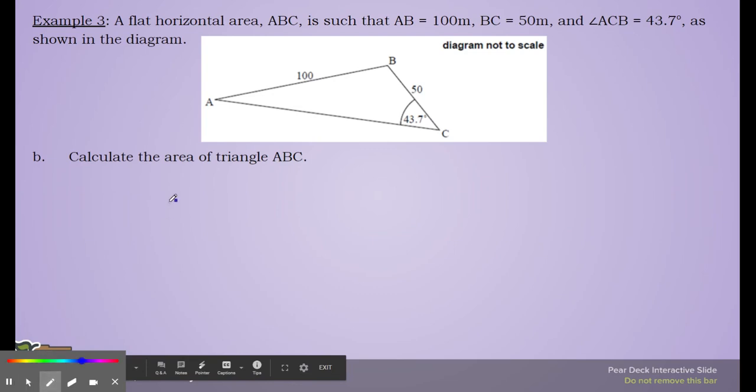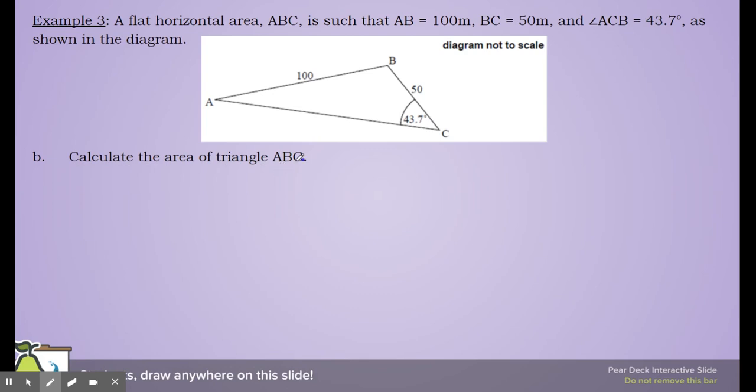All right, in our final part of example 3, part B, calculate the area of triangle ABC. So we're looking for this whole area. We already know that angle A is 20.2 from our previous part. That means I can easily find angle B if I wanted to go that route by subtracting the two angles I have from 180.